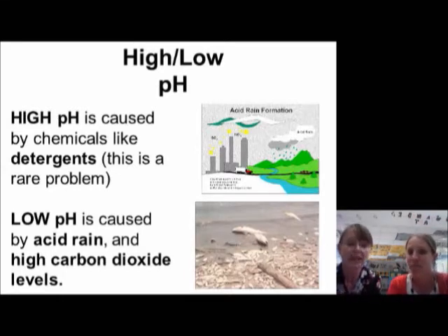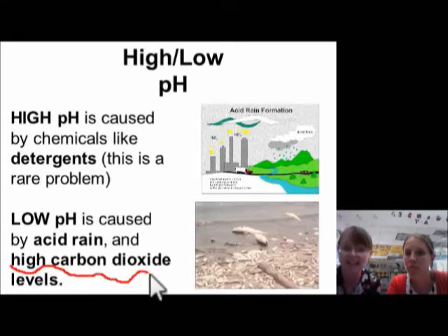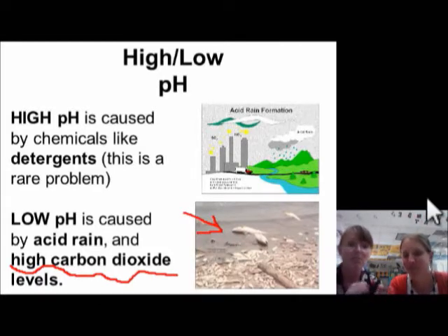So lower pHs are caused by high carbon dioxide. So when we have those areas where we have a lot of decaying matter, like these dead fish right here. Yes, exactly. We have bacteria moving in, munching up the decaying matter and using up all the oxygen within that particular area, causing a lot of carbon dioxide to be formed and eventually carbonic acid.